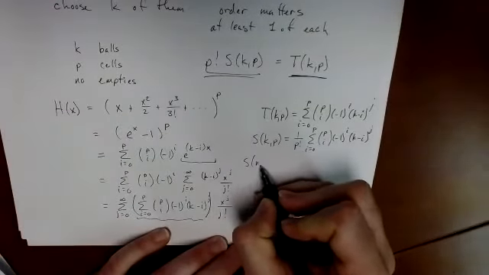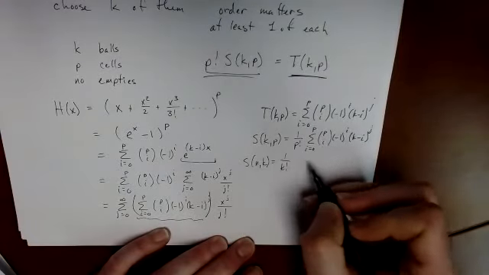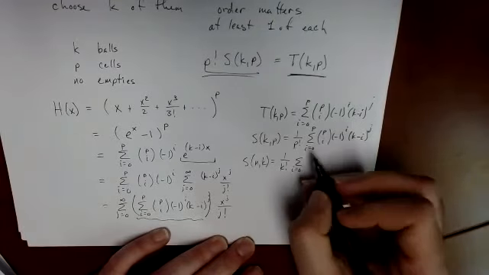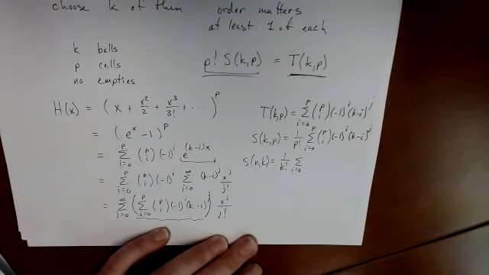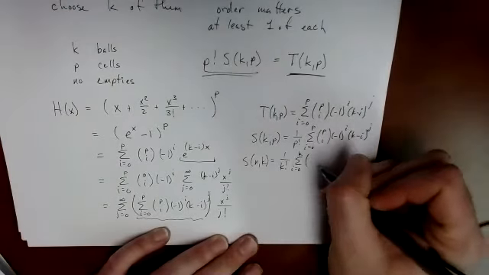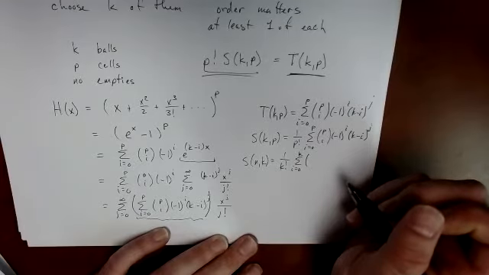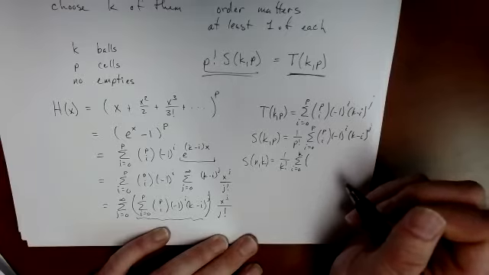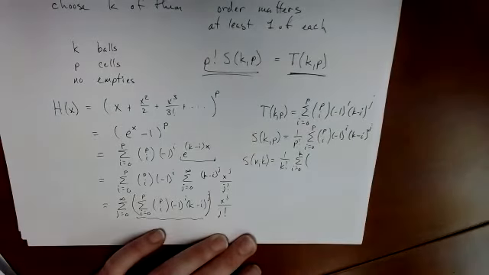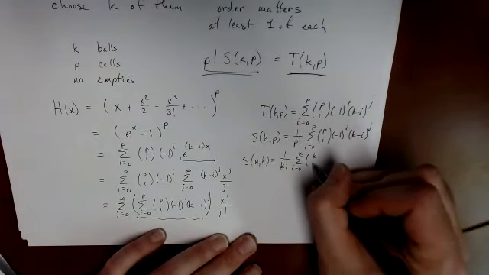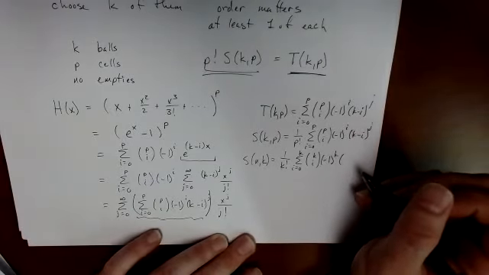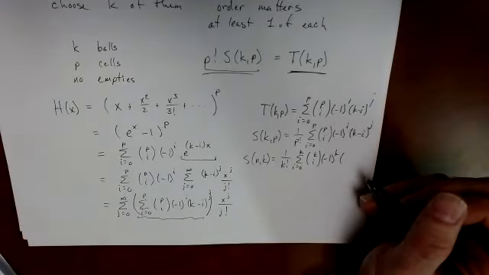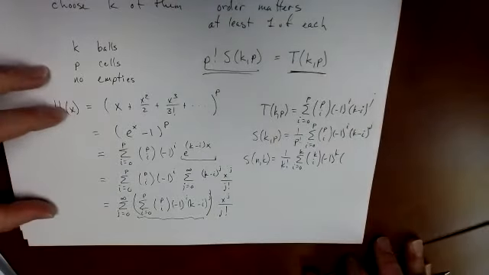which we had before. We had S of n comma k equals 1 over k factorial, the sum as i goes from 0 to k, k choose i, minus 1 to the i, and then, damn it, I did it again.